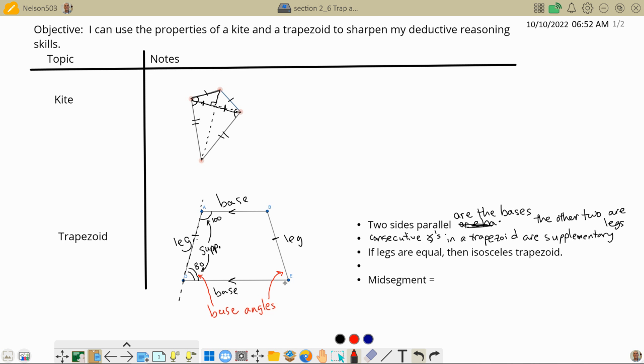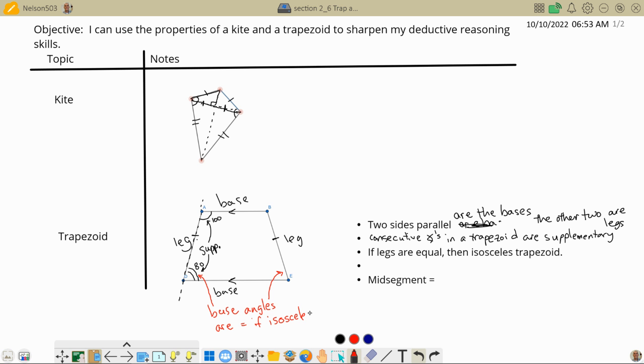So the ones that are between the legs are the base angles. So these are also base angles up here too. And the base angles, if you have an isosceles trapezoid, are equal.